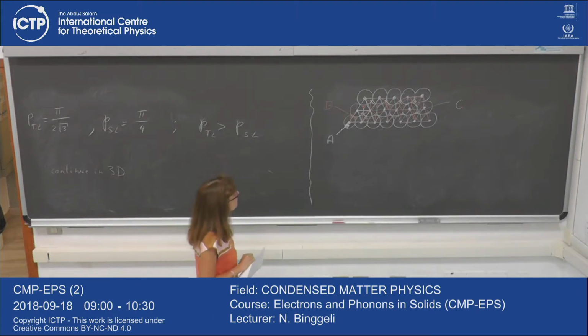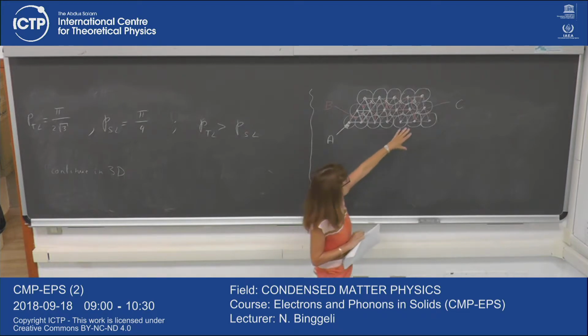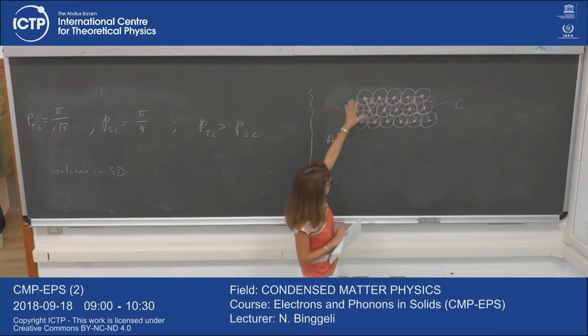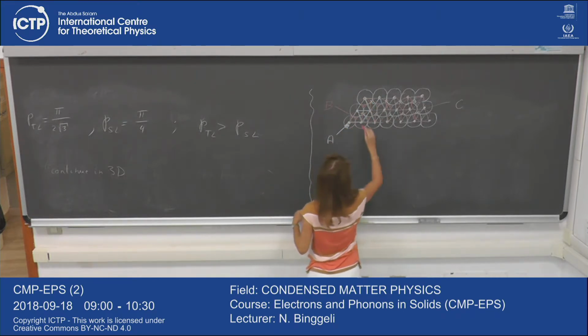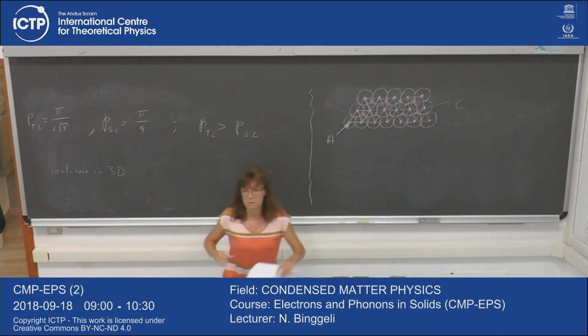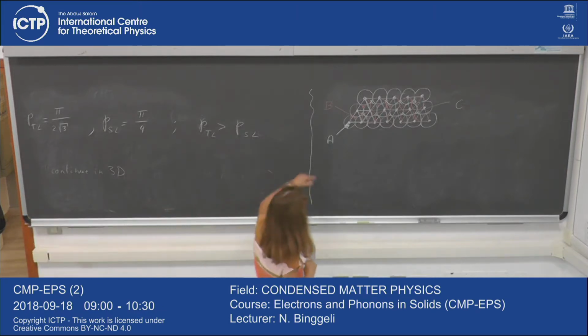But actually, I could, for the second layer, as well have chosen the C sites. And it would give me also a triangular lattice, because of course the red sites form a triangular lattice that has the same lattice parameter as the A sites. Just the same type of layer, just shifted laterally by this amount.